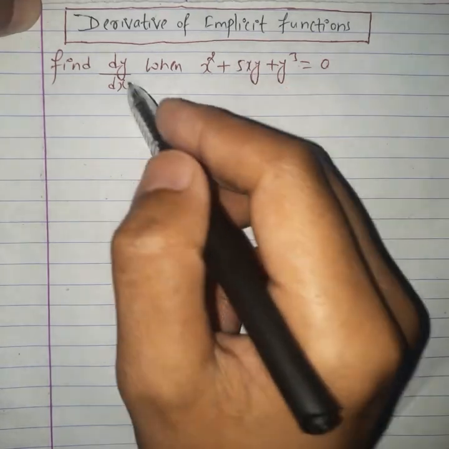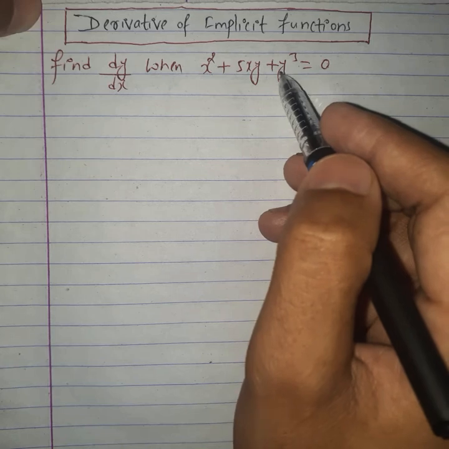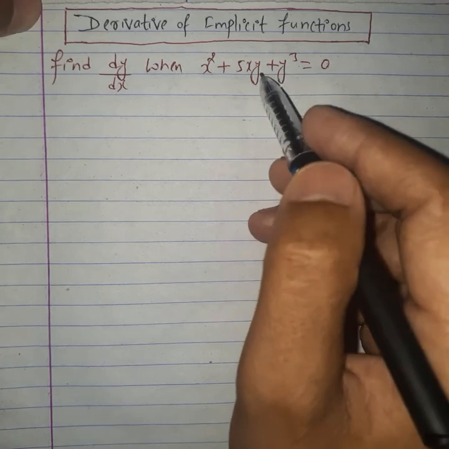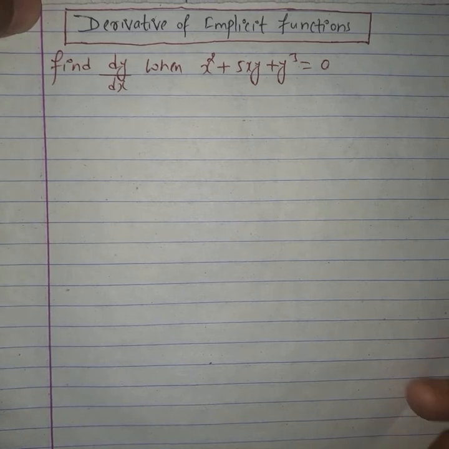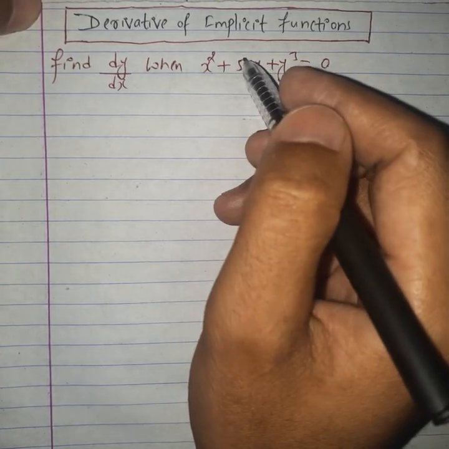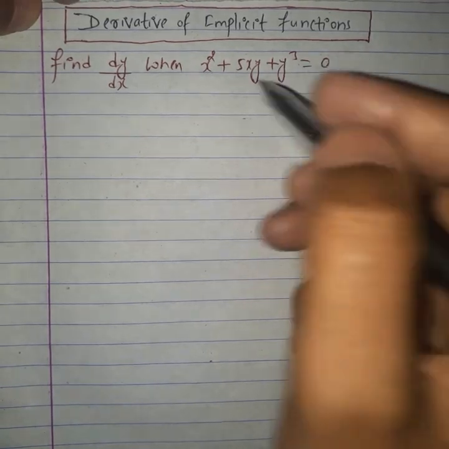We can find dy by dx without expressing y in terms of x by using the concept of implicit differentiation. Let's solve this problem without expressing y in terms of x, and that is called implicit differentiation.